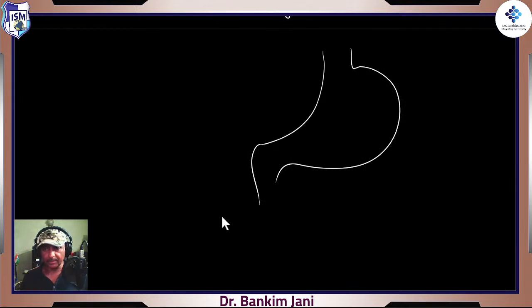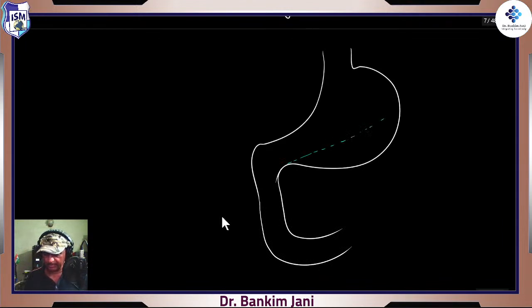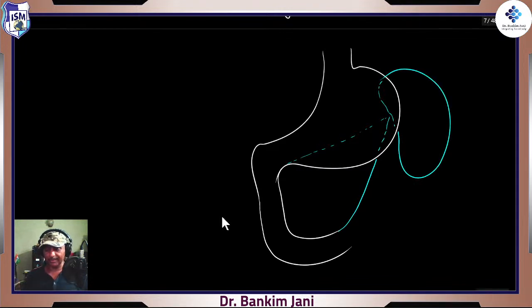Now, this is stomach, and that would be the duodenum, right? And when we draw it like this, this would be pancreas, and that spleen.